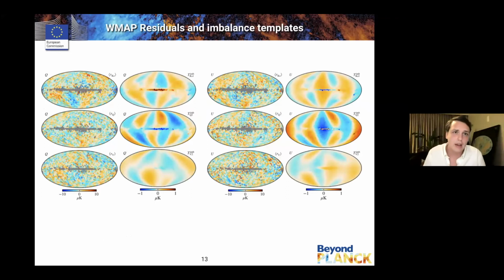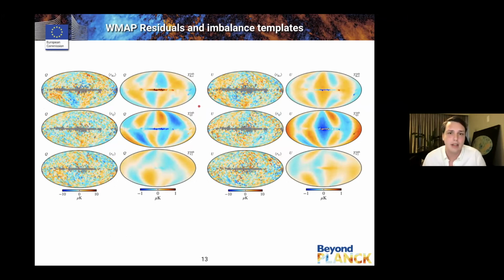So again, over to WMAP residuals. And here, in comparison to the other ones, we definitely do see some large-scale systematic structure, something that doesn't look astrophysical in origin. And the good thing about this is that we immediately recognize this pattern.